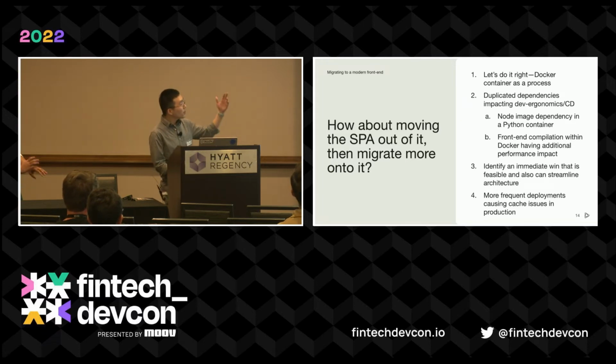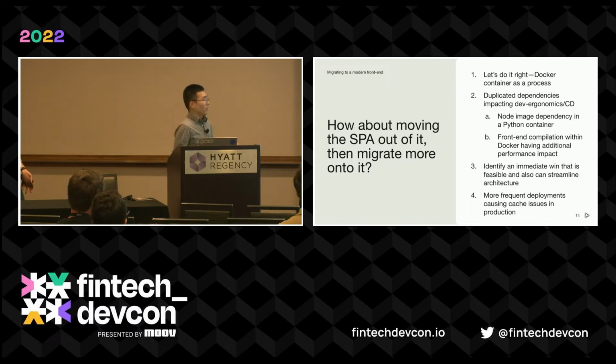If I go to a little bit of detail, there was a node image dependency in a Python Docker container. And what that means was, like Lakshmi said, there was a front-end compilation happening within a Python backend container, which is obviously way slower, creating a performance impact on the compilation itself.